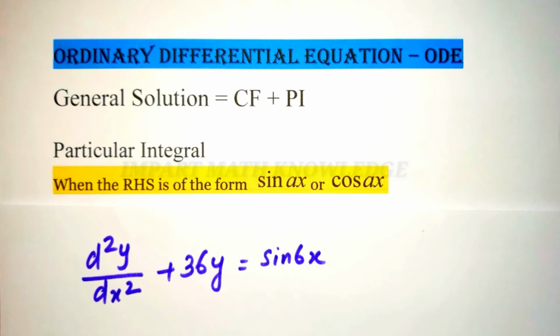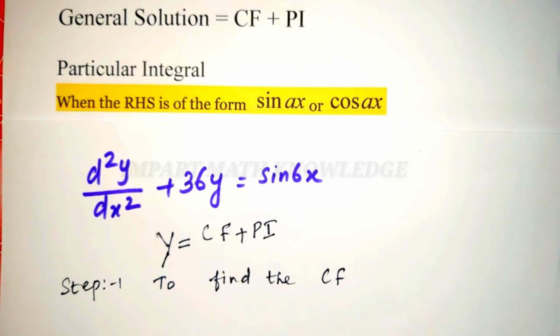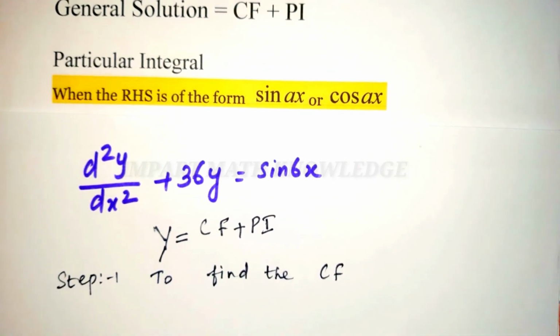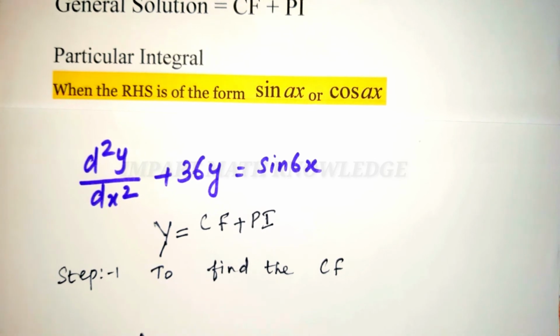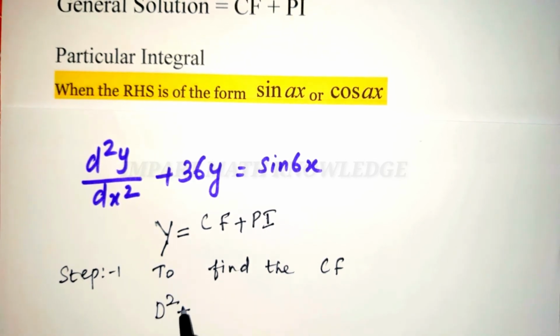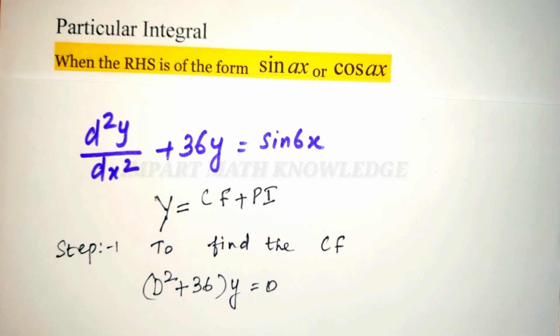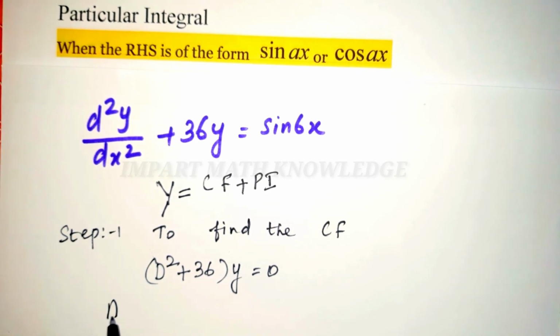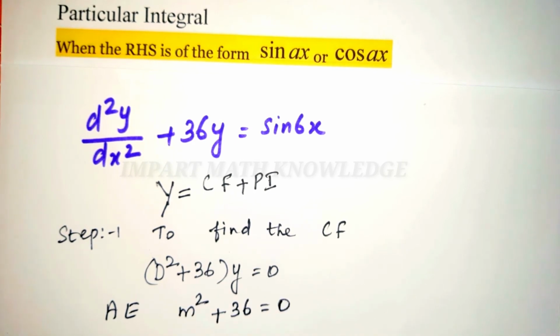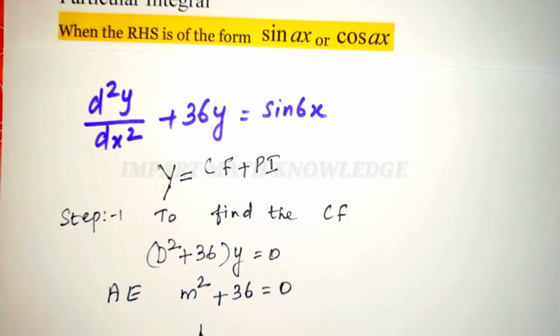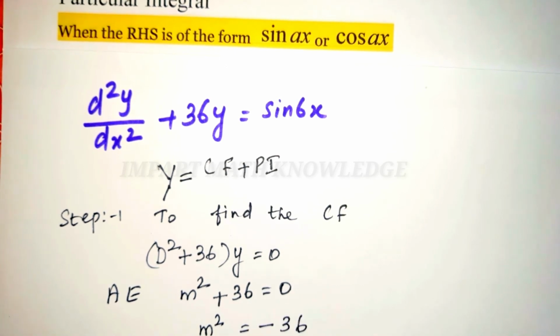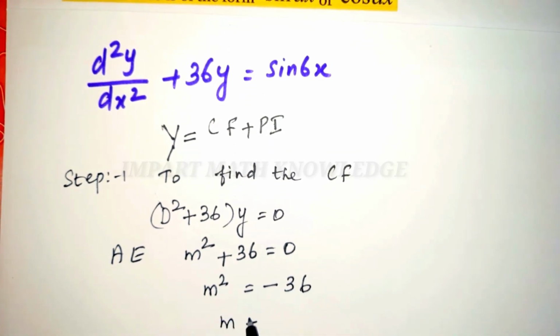Next problem, d²y/dx² + 36y = sin 6x. Step 1, find the complementary function. The given problem can be written as (D² + 36) y = 0. Now write the auxiliary equation: m² + 36 = 0. Now find the roots of the equation. m² = −36, so m = ±6i, since it is a negative root.